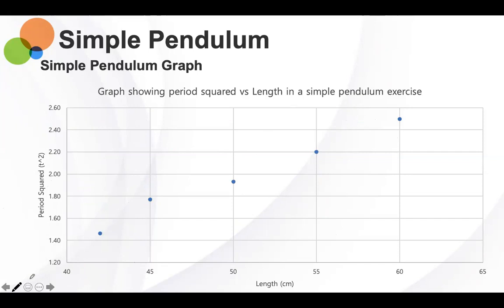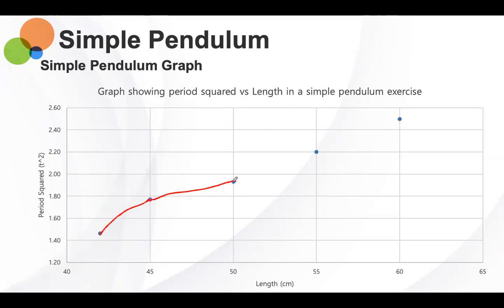So now, after we have plotted our points, it is required of us to get our best fit line. The best fit line is the best representation of the average of these points. So when you're plotting a graph, I don't want to see anything looking like this.